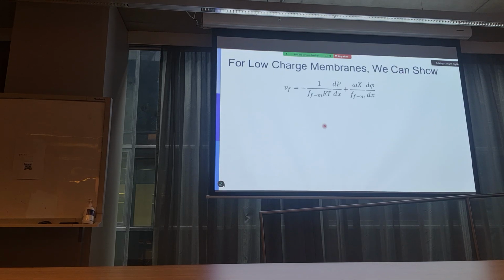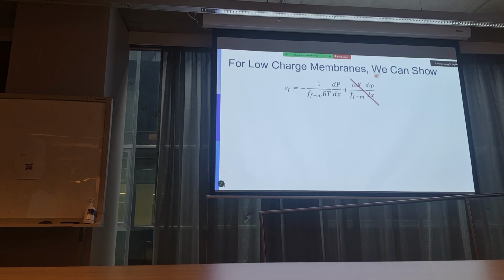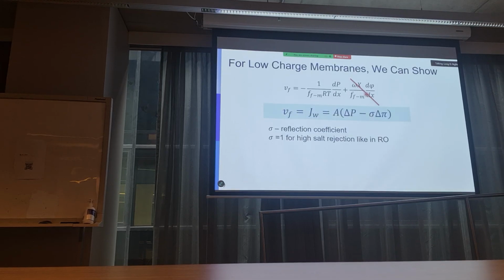So now the last slide again. If you take this equation I showed you here, you can rederive the equation that we all use for water flow. Reverse osmosis membranes have very low charge, so we can neglect this term and get this expression: A(ΔP minus σΔπ).